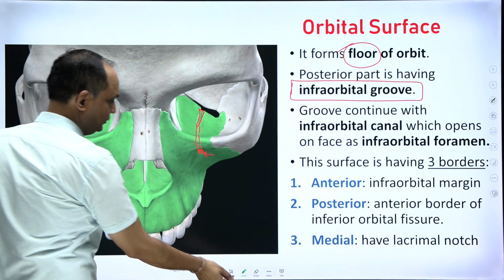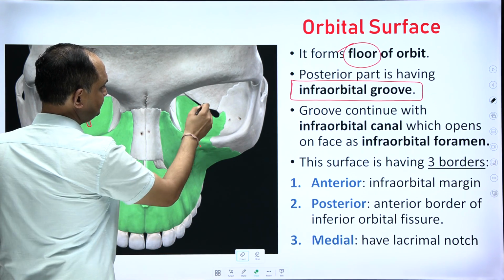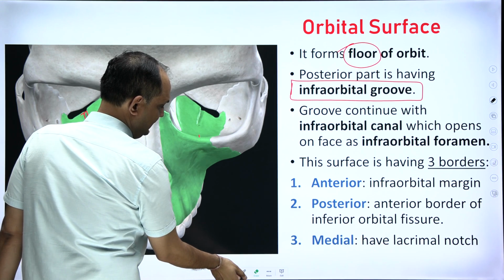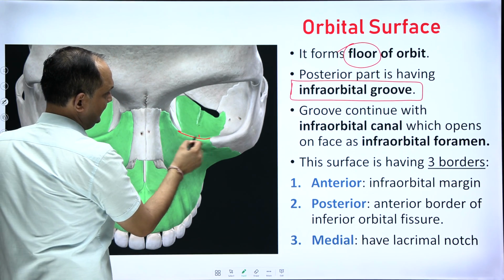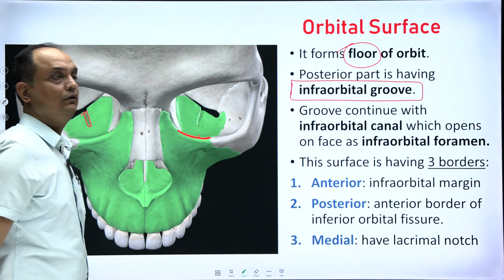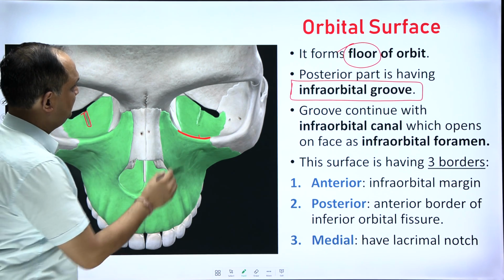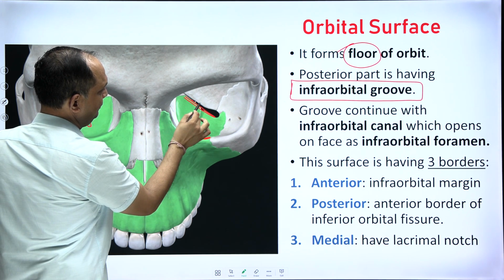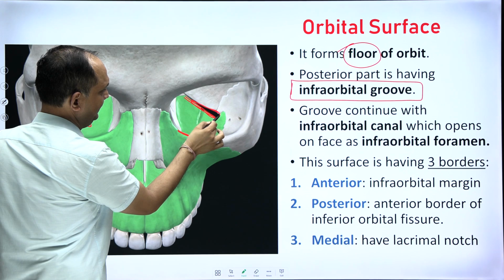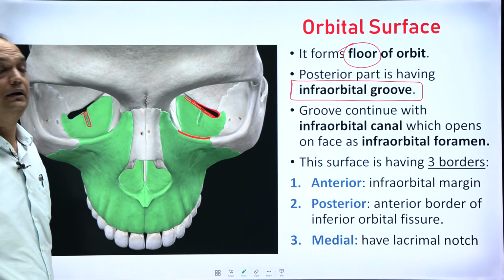Now this portion of your orbital surface has three borders. Now anterior border, this is the anterior border which is known as inferior orbital margin. There is a posterior border. Now if you see this posterior border, behind the posterior border you are able to see an opening. Now this opening is known as inferior orbital fissure.